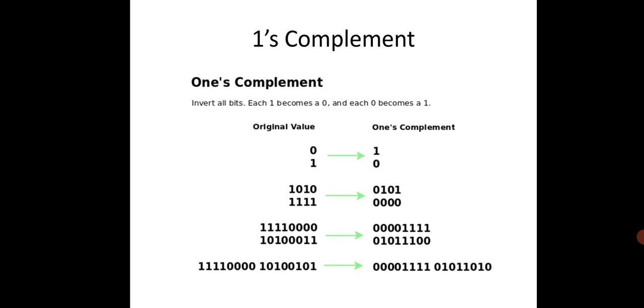You have to write down the 1s complement of it as 0 1 0 1 1 1 0 0. So in this way, 1s complement is nothing but to invert all the bits. That means each 1 bit becomes 0 and each 0 bit becomes 1.